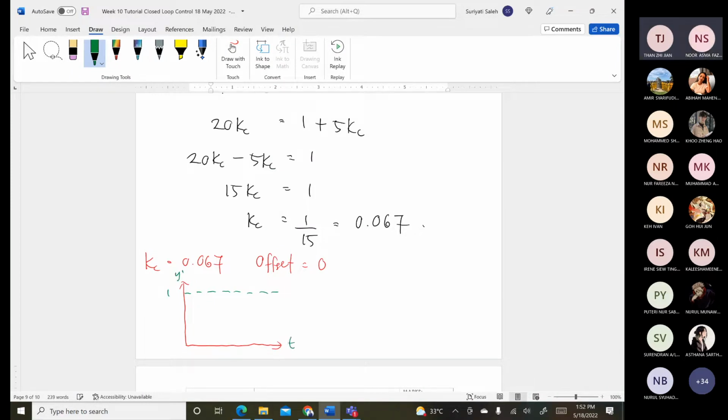So you get the response like this. Offset 0 when Kc equal to 0.067. So this means the controller is able to maintain the process at the desired set point when Kc equal to 0.067.